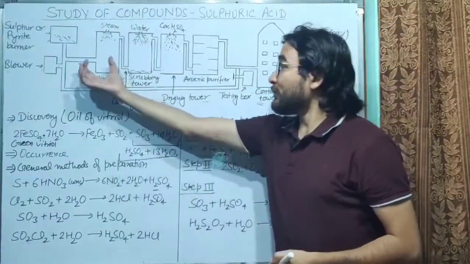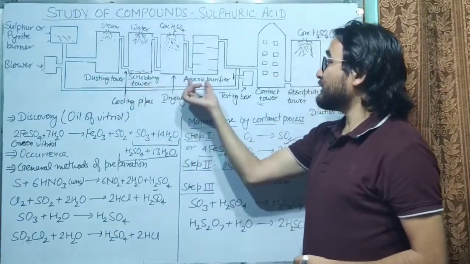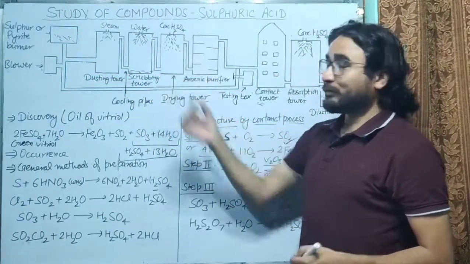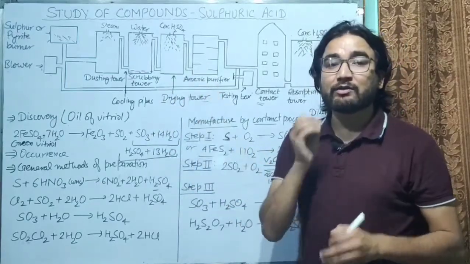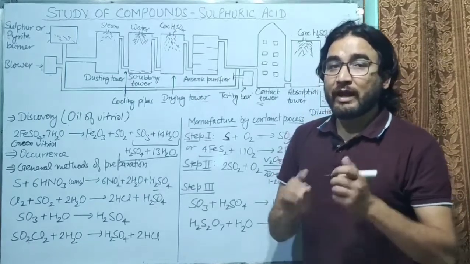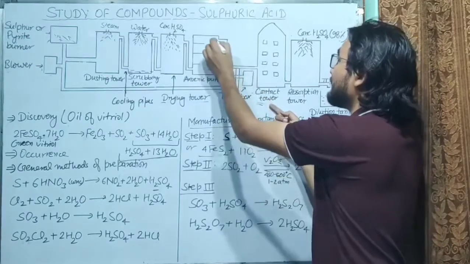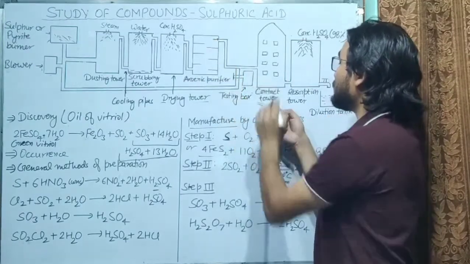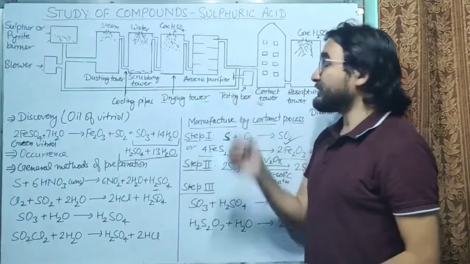Now all these processes, passing it through the dusting tower, then the scrubbing tower, then the drying tower, and then the arsenic purifier, are done to purify the sulfur dioxide gas. And before passing the sulfur dioxide gas from the arsenic purifier to the contact tower, it is passed through a testing box.